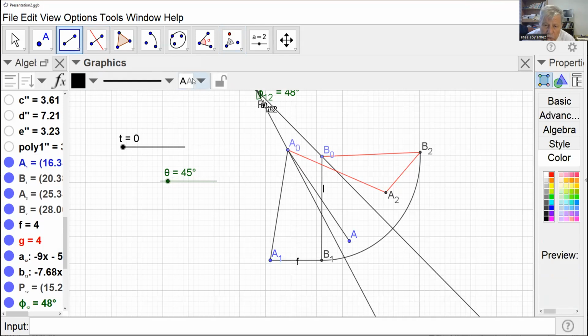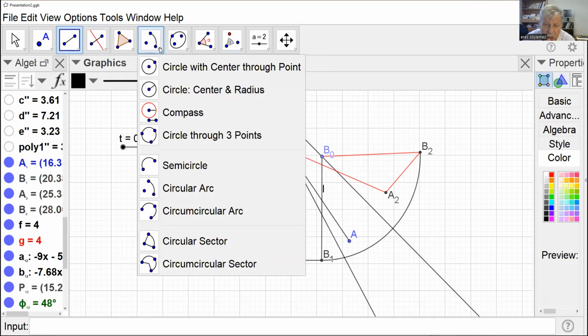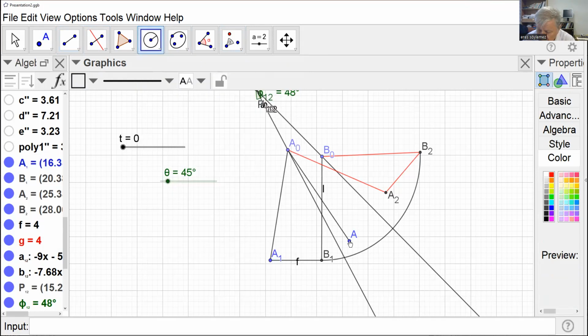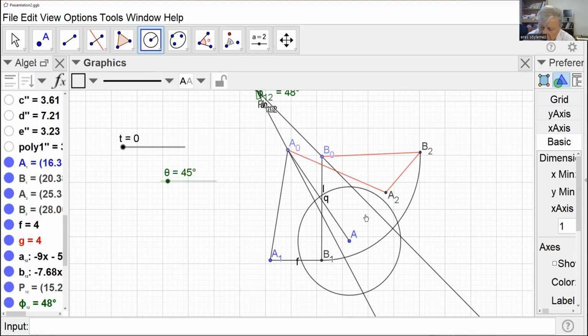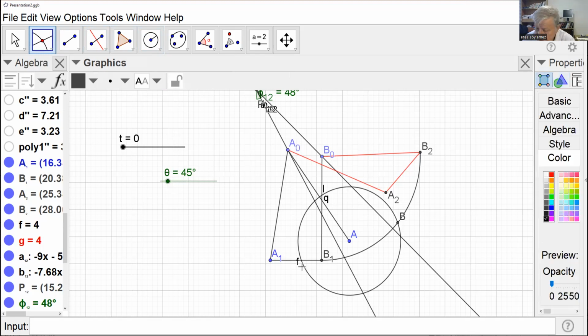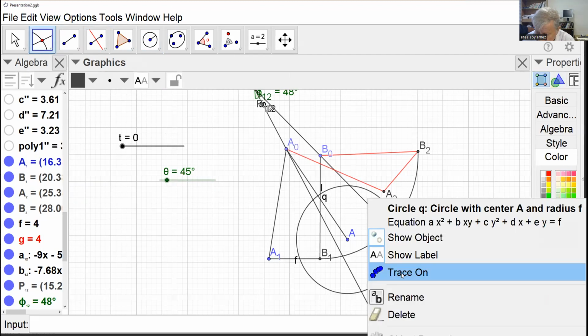Then I will draw a circle with center A, radius S, that's the radius AB. I will determine the intersection point, not this one, because as you can see, B1 is forward on the right.